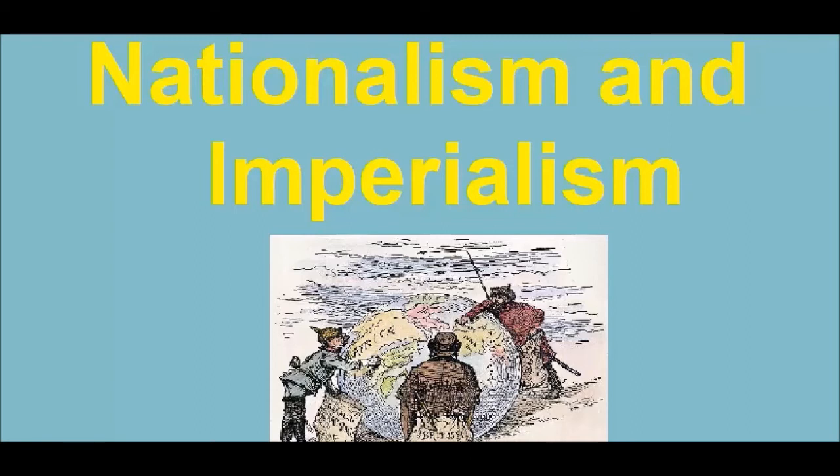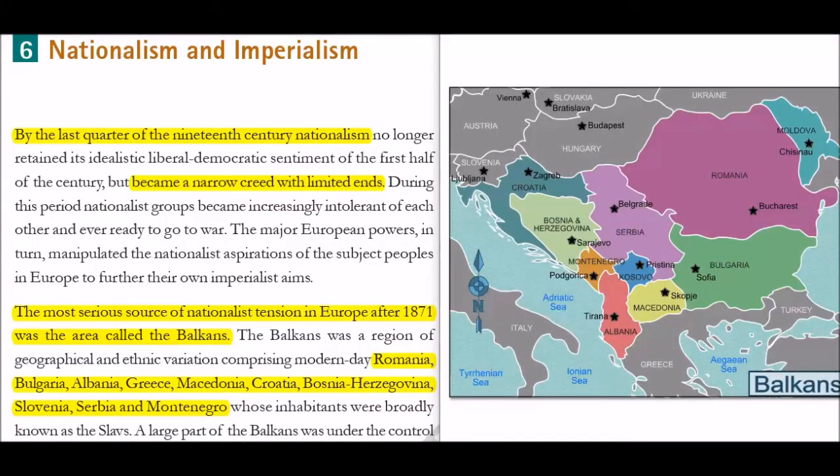This term is called imperialism. European nations started this imperialism in the modern world and they occupied so many nations in Africa, Asia, South America, etc. By the last quarter of the 19th century, nationalism became a narrow creed with limited ends.